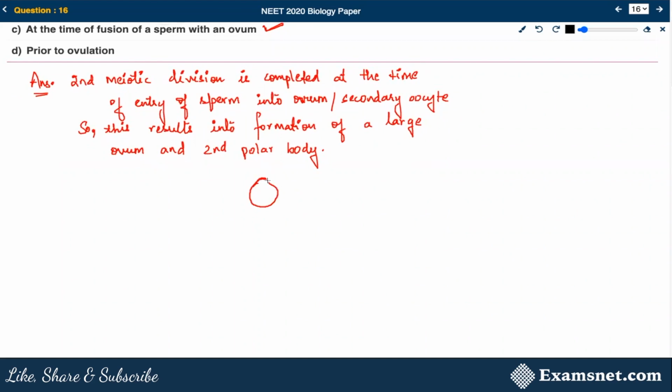primary oocyte, which is actually present in the tertiary follicle. All right. So the primary oocyte, which is actually found in the tertiary follicle, will undergo the process of first meiotic division.